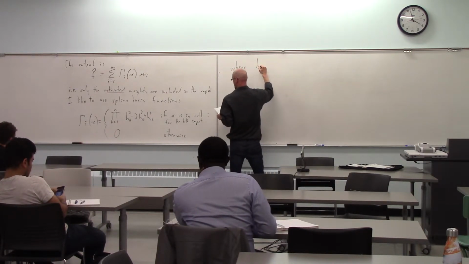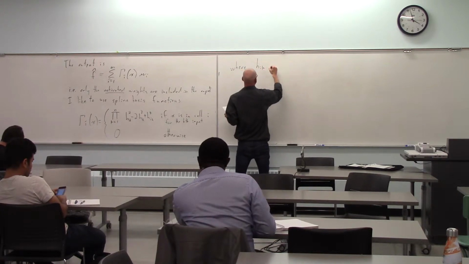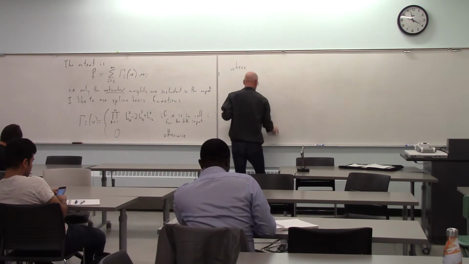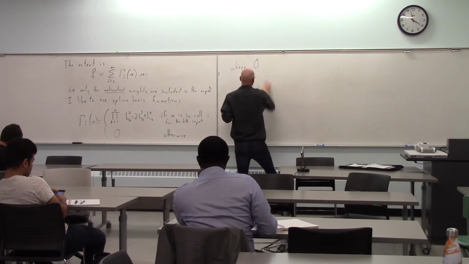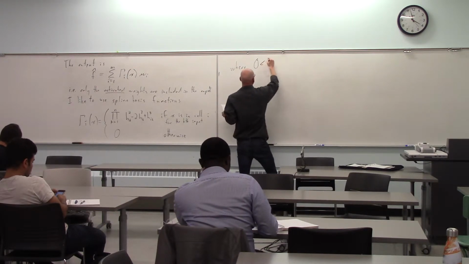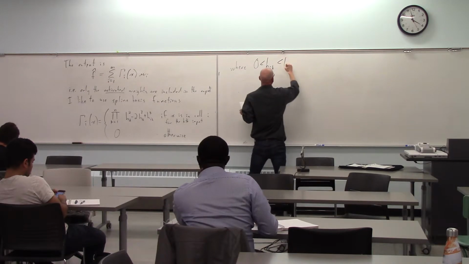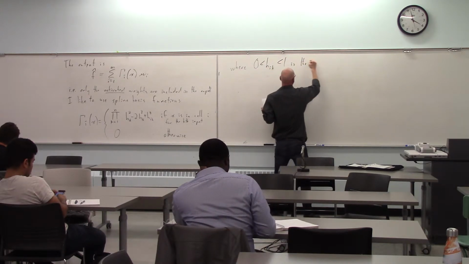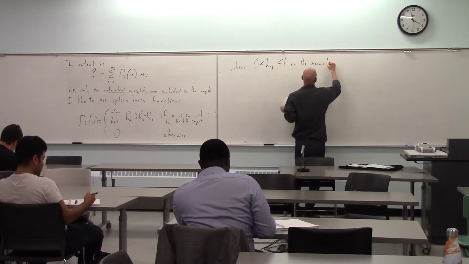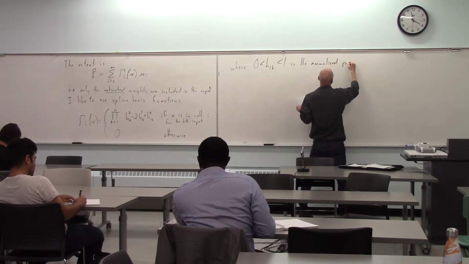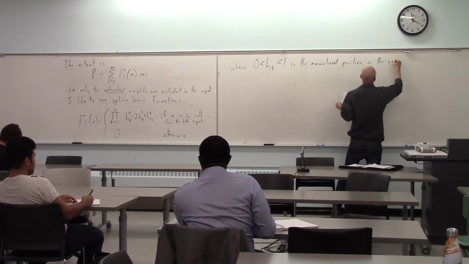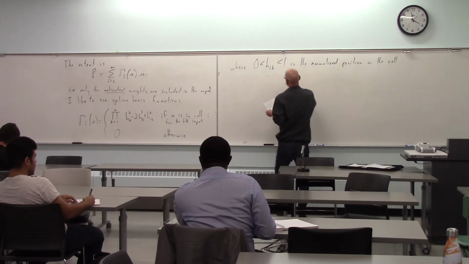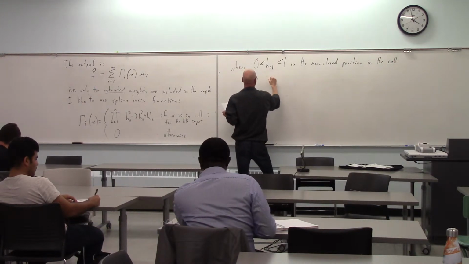Where h_ik is the normalized position in the cell on input k.